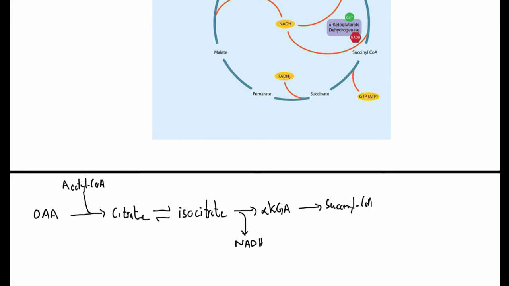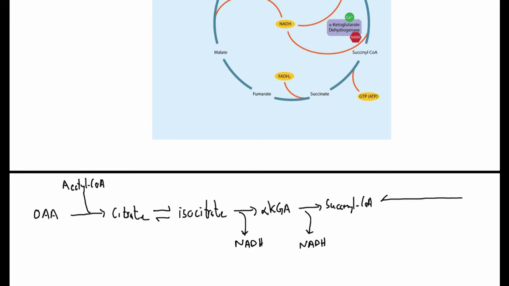Now I'm not putting everything here. For instance, carbon dioxide is produced in both of these steps, and some other things, but we'll just put NADH. And then what I'm going to do here is the rest of the pathway is going to be essentially reversible steps.